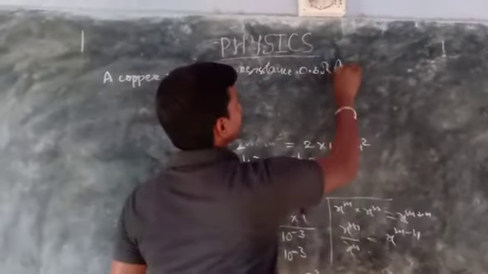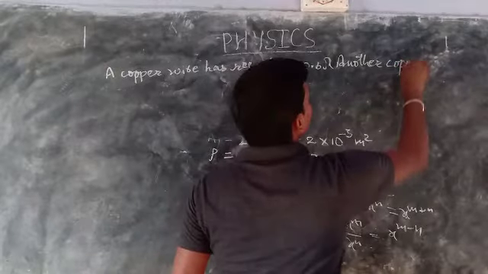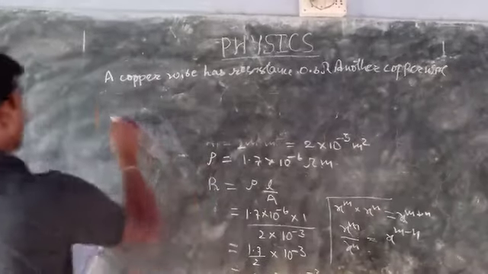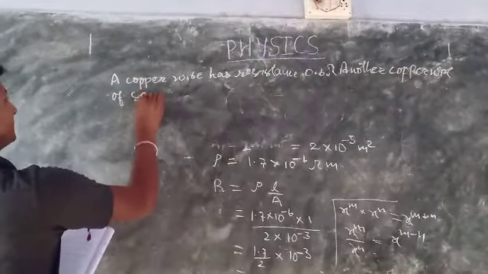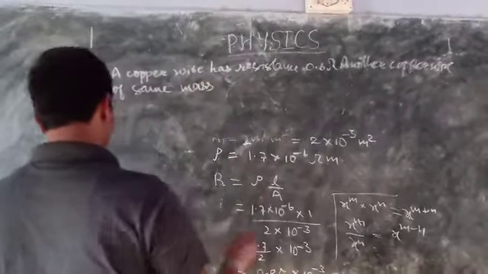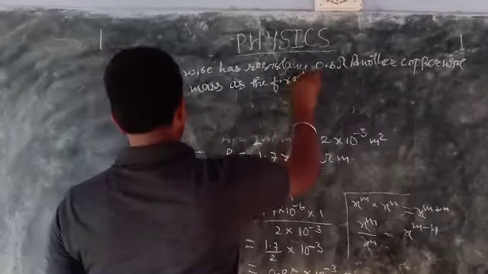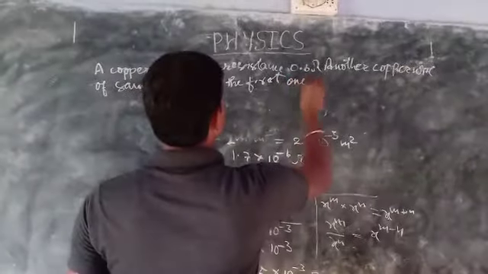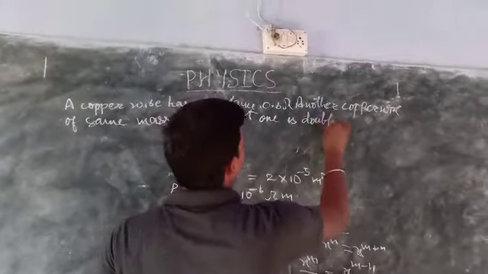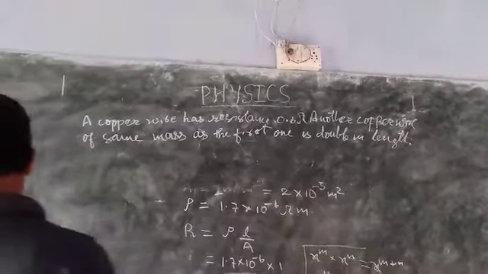Another copper wire of same mass as the first one is double in length of the first.